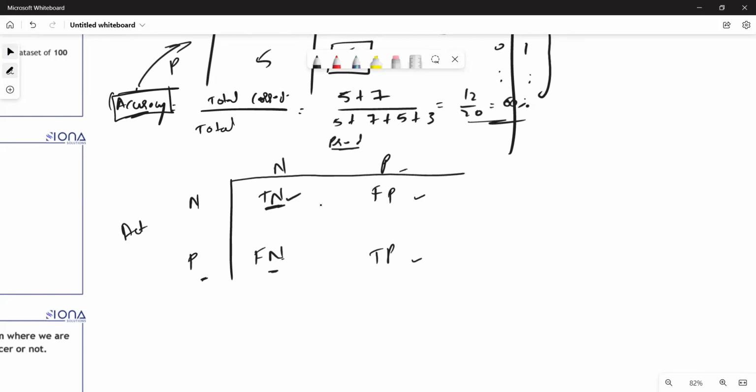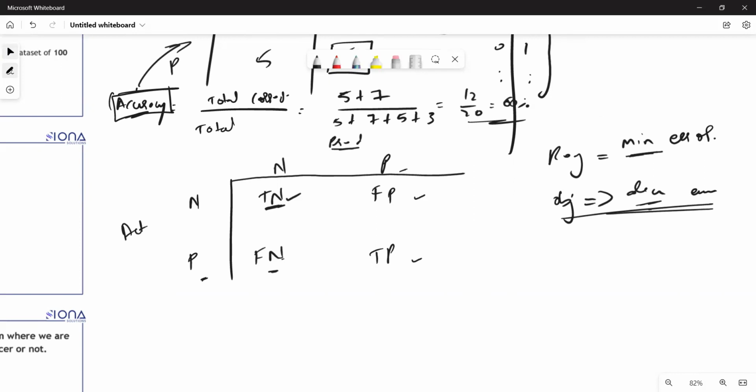In regression, the objective would be to minimize the error, whereas here in classification, our objective is to decrease the error.